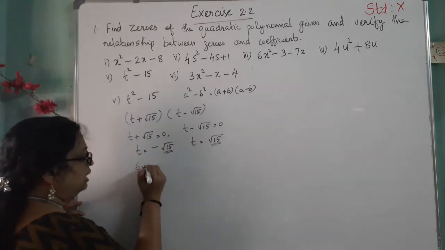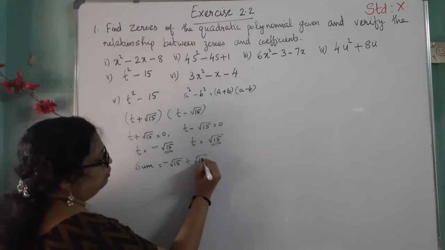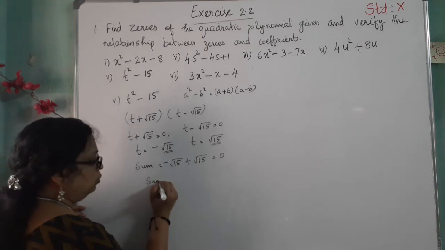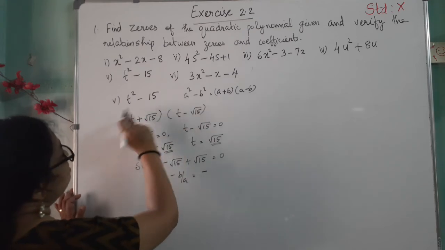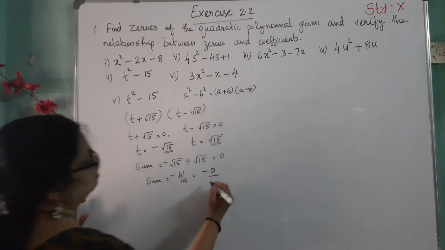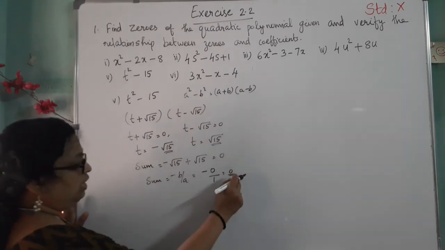So we can take sum equal to minus root 15 plus root 15, which is equal to 0. So we know that sum equal to minus b by a, that is minus coefficient of t, here is 0, 0 divided by coefficient of t square is 1, that equal to 0. Then here also 0.